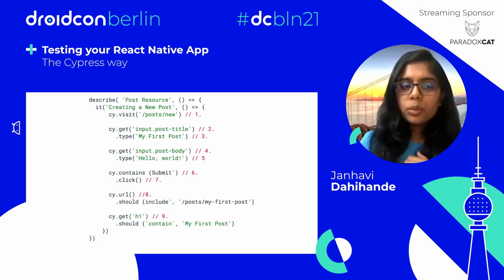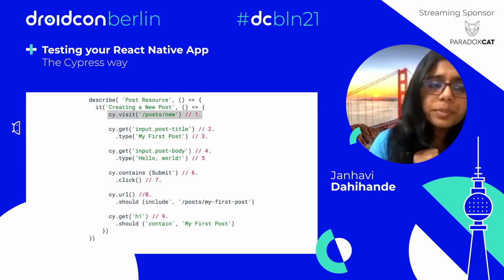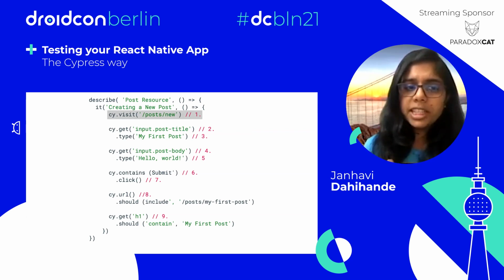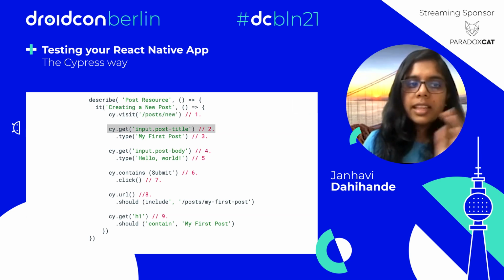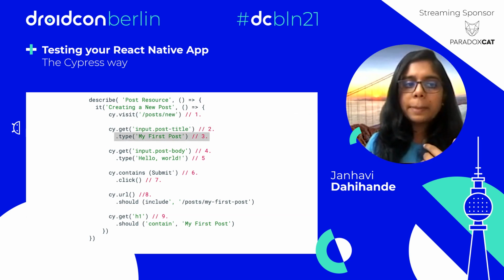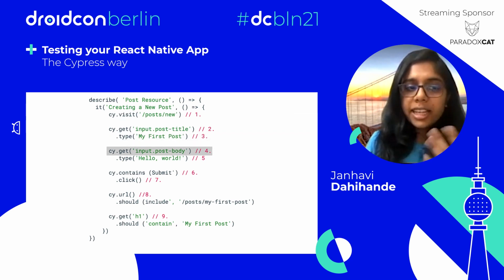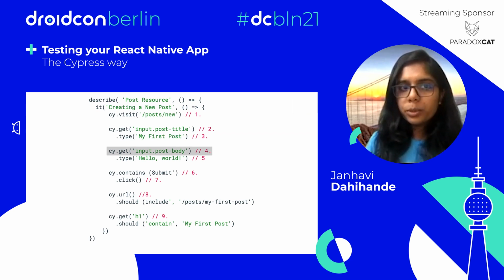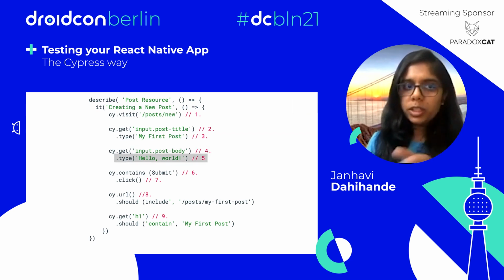So let's see what the Cypress code would read as. So in here, we tell Cypress to visit the page at /post/new. Then we find the input with the class as post title. And in that input, Cypress types my first post. Then we find the input element with class post body. And in that, we type hello world.